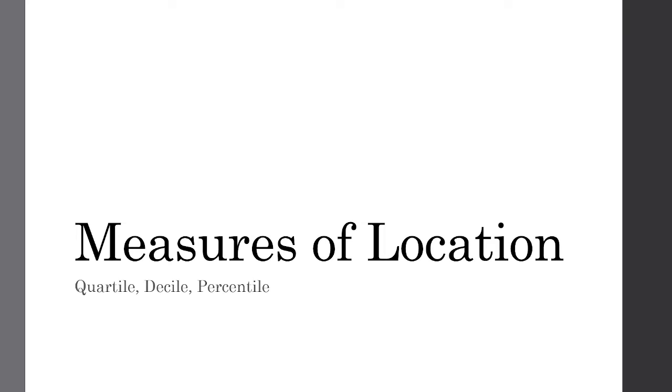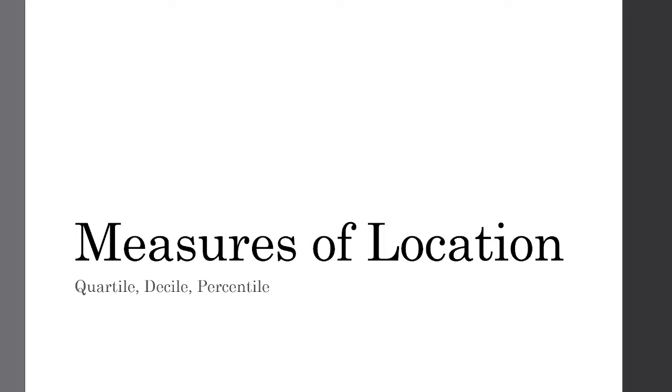To give you an idea regarding these measures of location, they locate certain values that identify the location, or what we call the positions, of certain data or certain measurements in our data array.